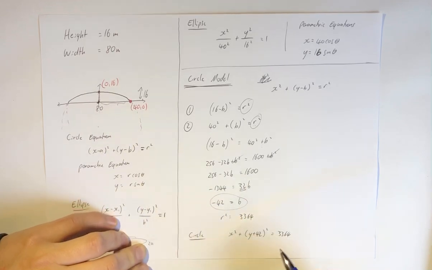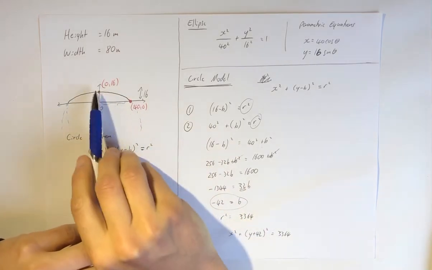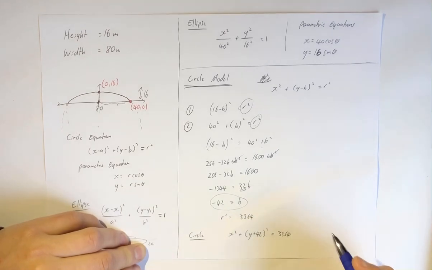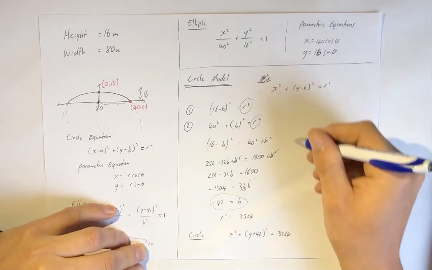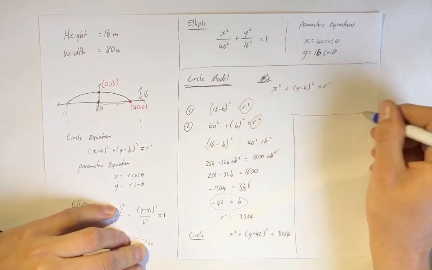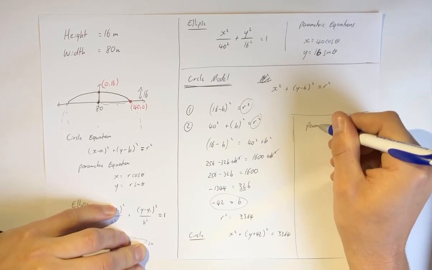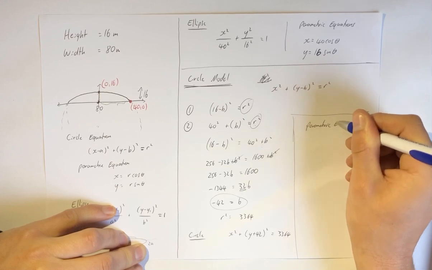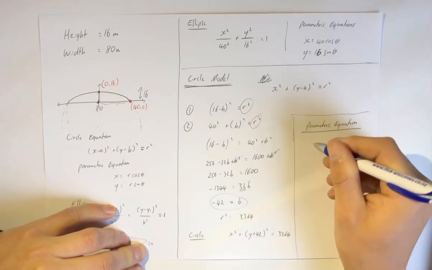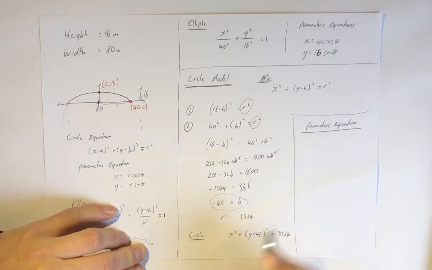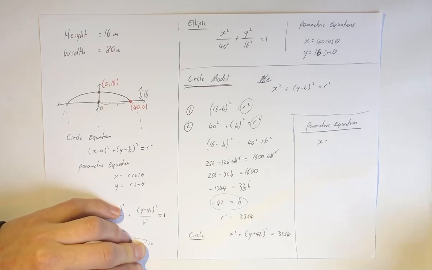And that was really nice. Actually, didn't think I'd get whole number solutions for all of that, but 16 and 80 seem to have done the trick. The last thing is I would probably want the parametric equations. So parametric equation is, well, we have no horizontal movement, so x is just r. I do need r then in the end, don't I?